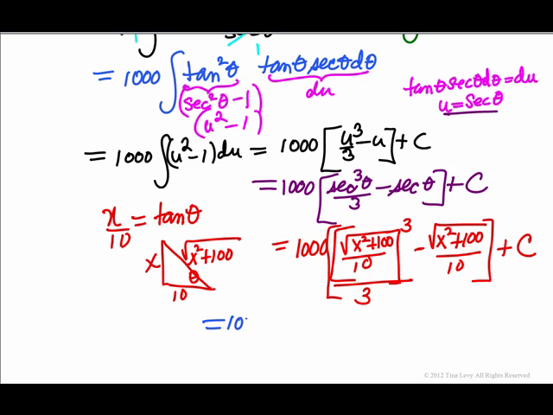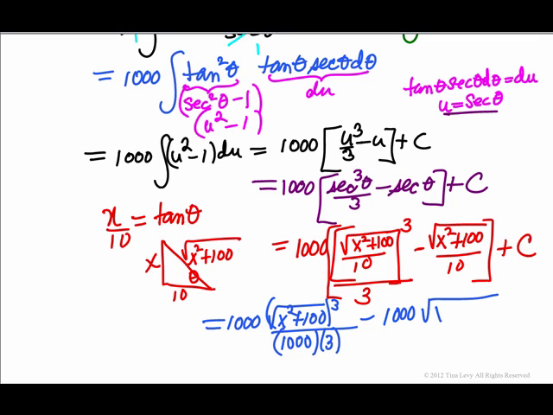It is just 1,000 square root of x squared plus 100 cubed over 1,000 and then times 3, minus 1,000 square root of x squared plus 100 over 10 plus a constant.